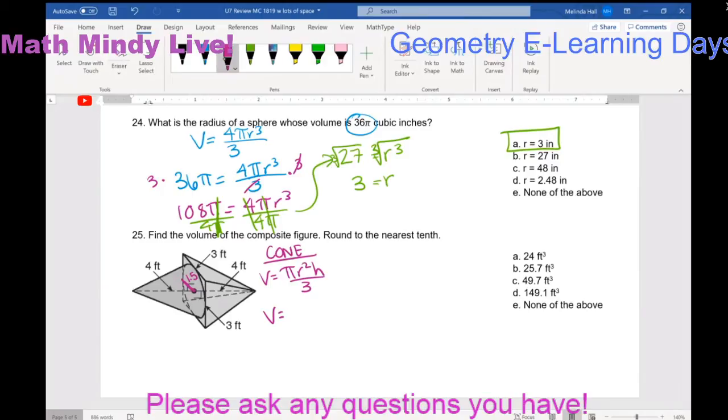So I would have pi times 1.5 squared times the height of the cone, which is 4, divided by 3. For now, I would just leave it in terms of pi because 1.5 squared times 4 divided by 3 gives me 3 pi.